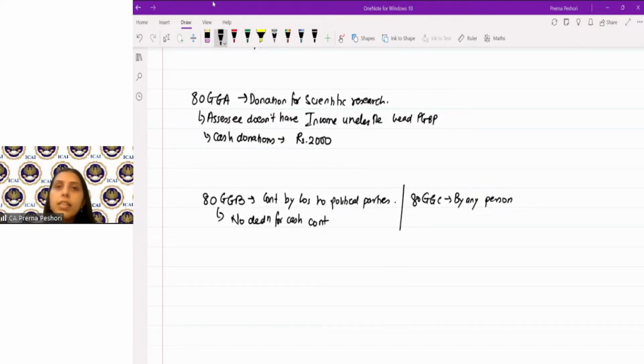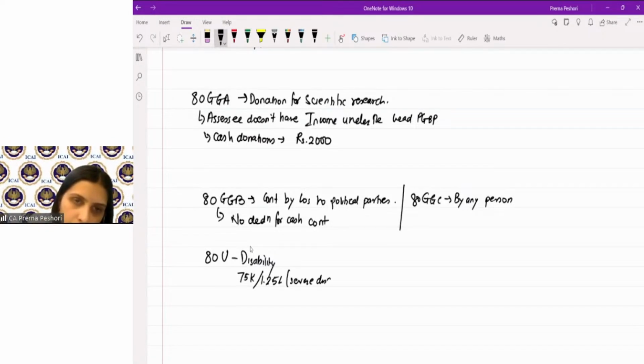80U is for the disability. If a person has a disability, he can claim the deduction under 80U. What is the deduction? The deduction here is 75,000 rupees, or 1.25 lakh for severe disability. 75,000 or 1,25,000.